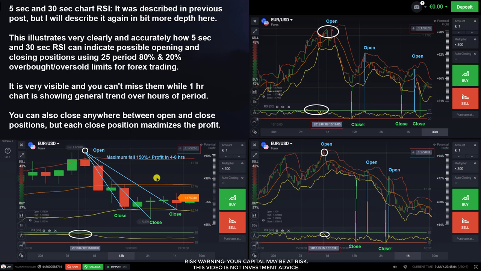So be very careful. Like if you look at this top window, which is 5 seconds, each candle represents 5 seconds. So you can see how much a candle can move during the 5 seconds. It is just a very important thing to keep in mind.